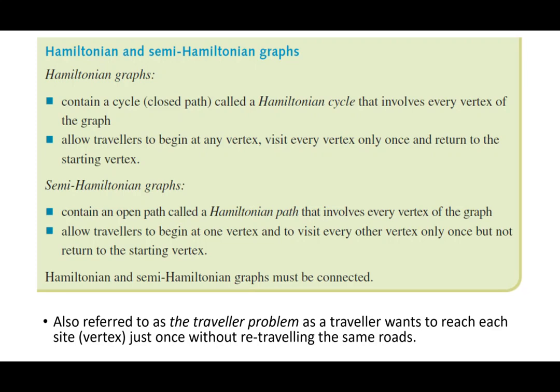I'll give you another minute or two to get those down. So, Hamiltonian, semi-Hamiltonian: very similar to Eulerian, just with vertices instead of edges. Eulerian is about edges, E and E, that might be a way to remember it.